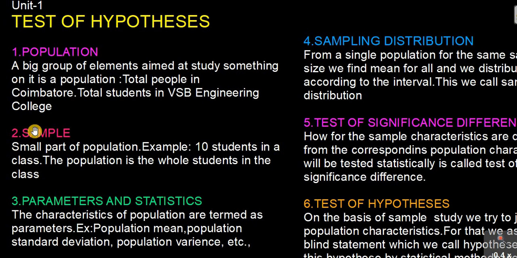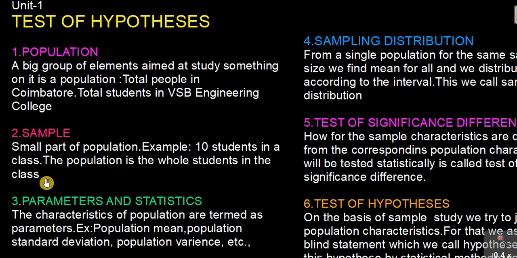Now coming back to the screen, a sample is a small part of a big population. For example, 10 students in a class to study the mathematical status of the class. We are taking only 10 students, and this particular class may have 100 students.